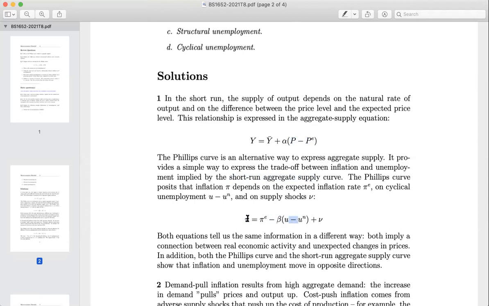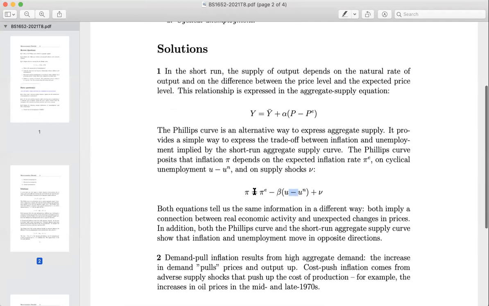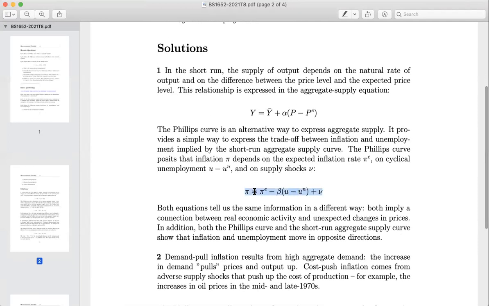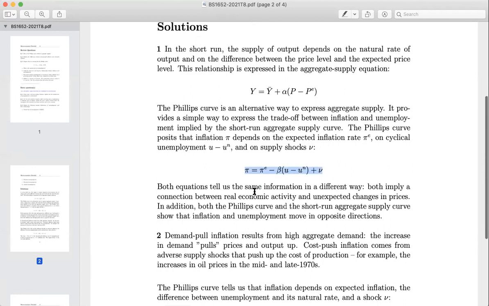In this equation, inflation depends on expected inflation, cyclical unemployment and supply shocks. So both equations tell us the same information in different ways.